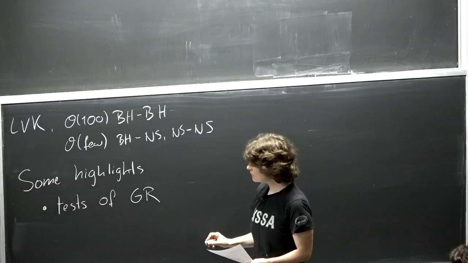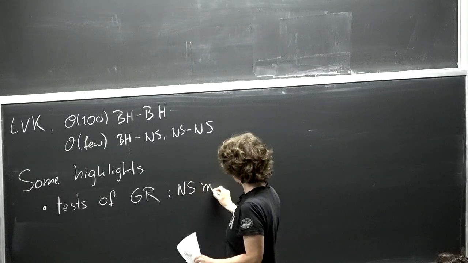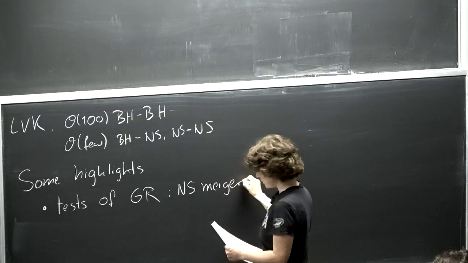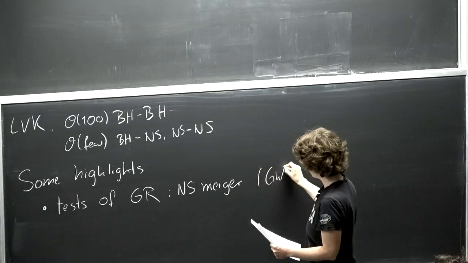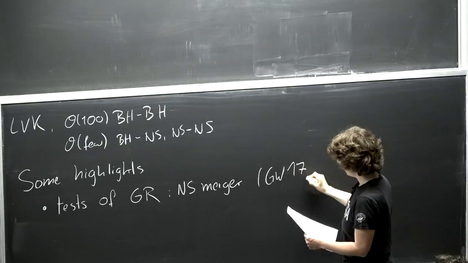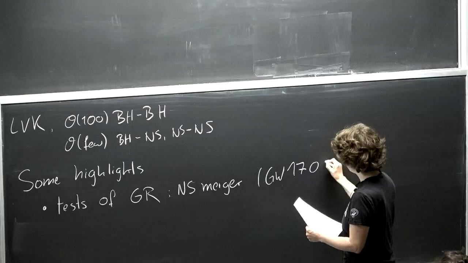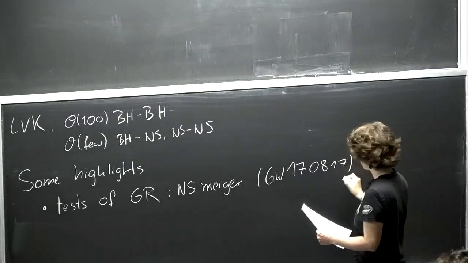What I want to talk about is a neutron star merger, which carries the name GW170817. This is how they label the events. So this is just the year, right? 2017, August 17. That's when they saw the event.